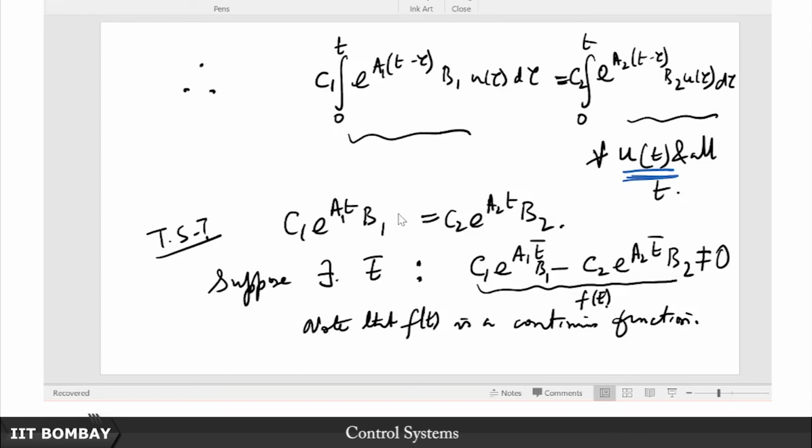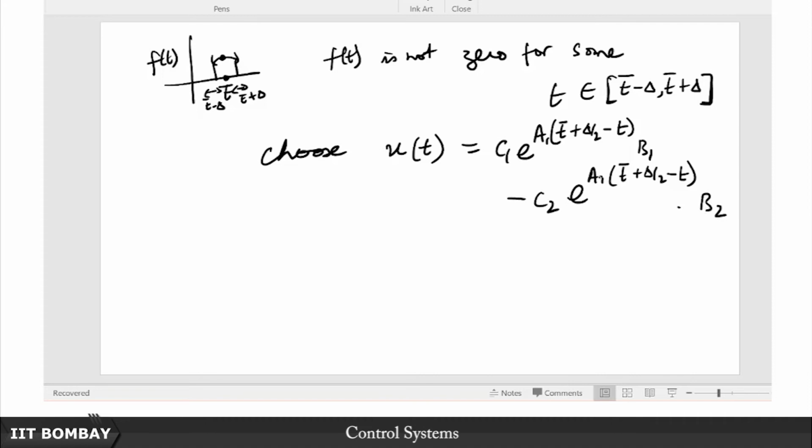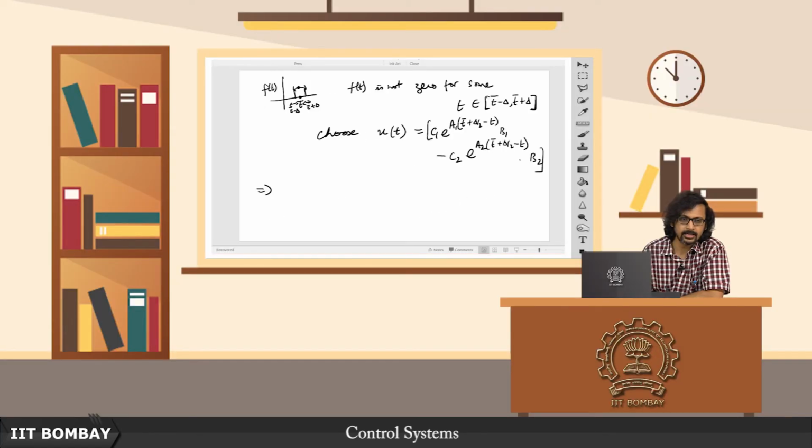So suppose now I choose u(t) is equal to c1 e to the power a1 (t bar plus delta by 2 minus t) b1 minus c2 e to the power a2 (t bar plus delta by 2 minus t) times b2, right. Okay. Now notice this implies what?